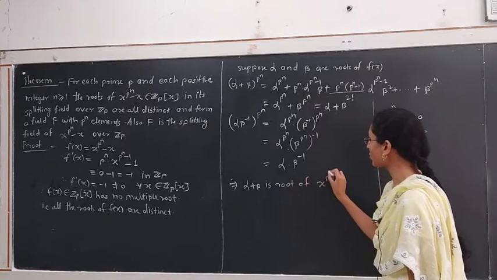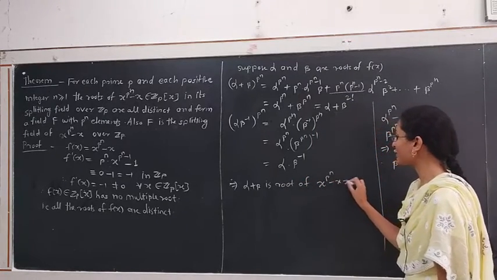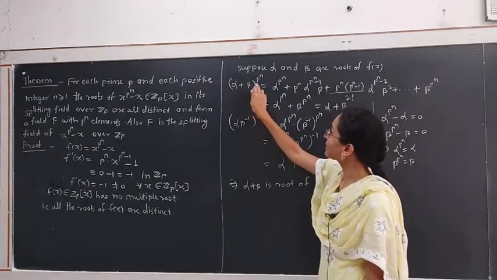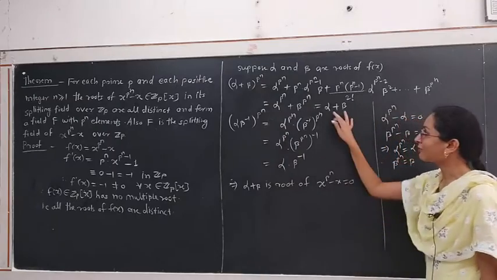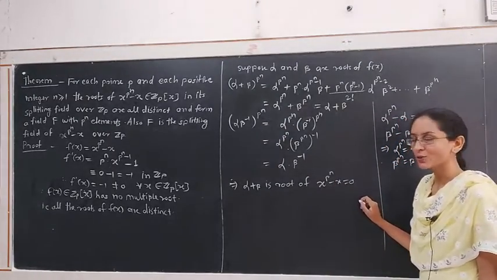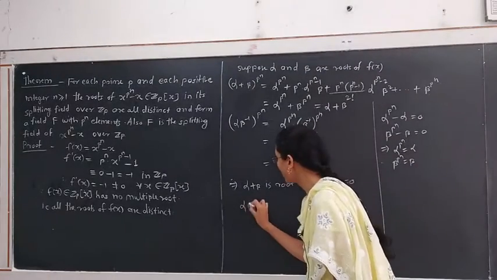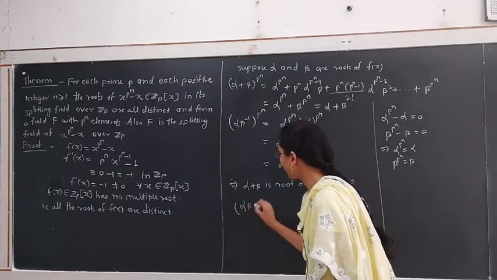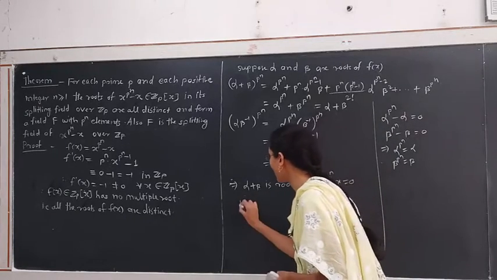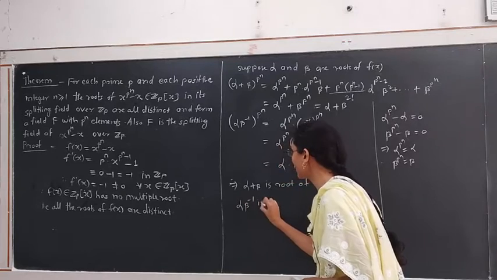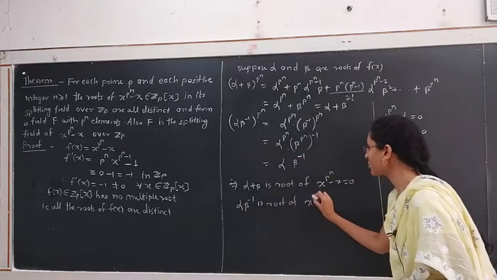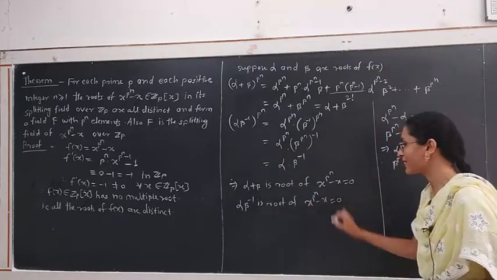Therefore, what we proved is that alpha plus beta is a root of the equation x^(p^n) minus x equal to 0, because alpha plus beta satisfies the condition (alpha plus beta)^(p^n) equal to alpha plus beta. Hence, alpha plus beta is a root of this equation. Also, alpha beta inverse is a root of the same polynomial x^(p^n) minus x equal to 0.